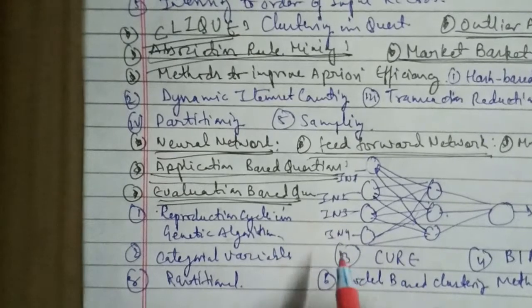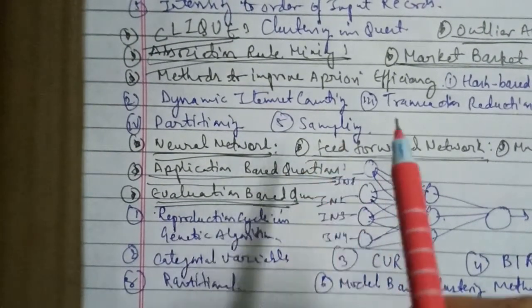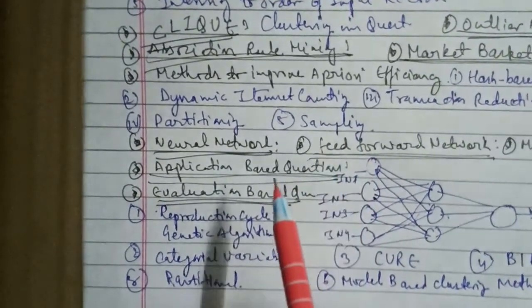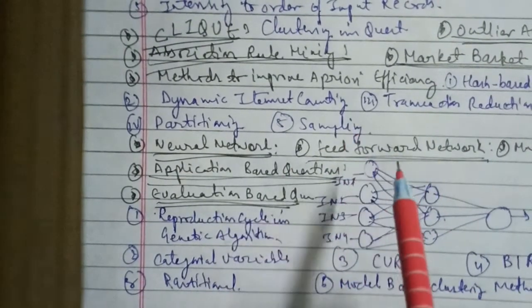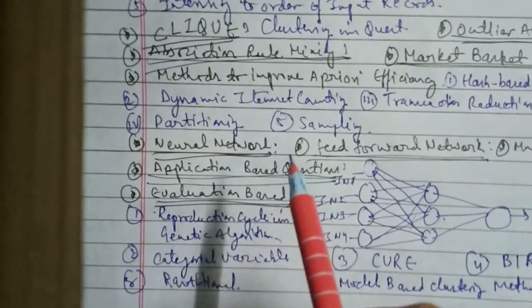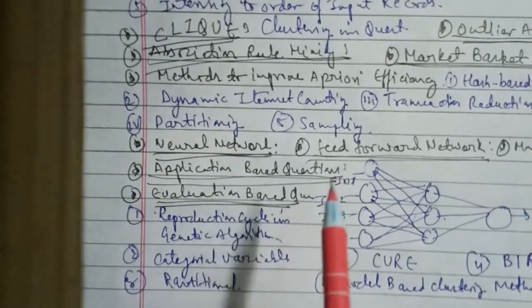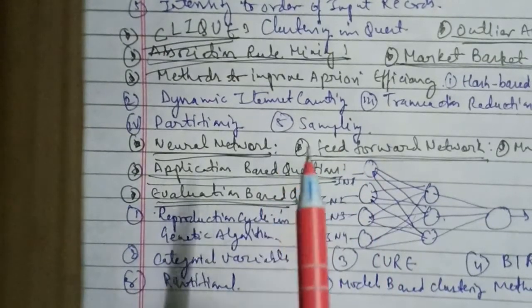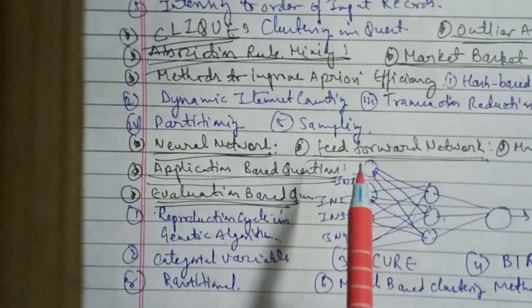Another question is to identify the algorithm given below. Start with as many clusters as there are records, with one record in each cluster.